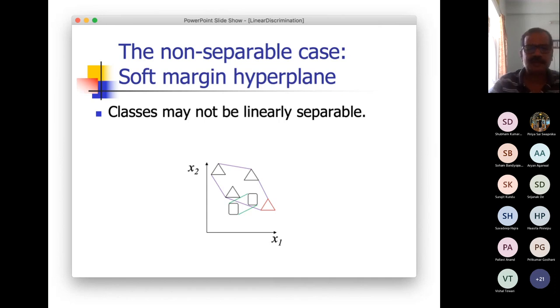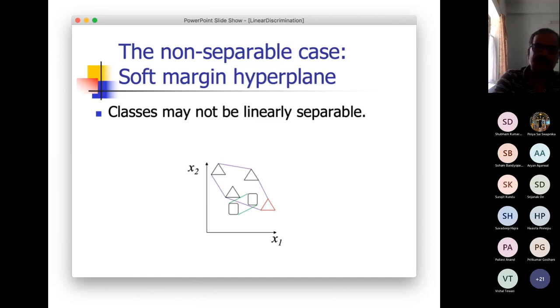So you cannot get a straight line here which will clearly separate them into two halves, where the positive half will contain one of the classes and the negative half will contain the samples of the other class. So under this scenario, how can this problem be formulated, how can we modify the objective function of the optimization problem, that we would like to discuss here.